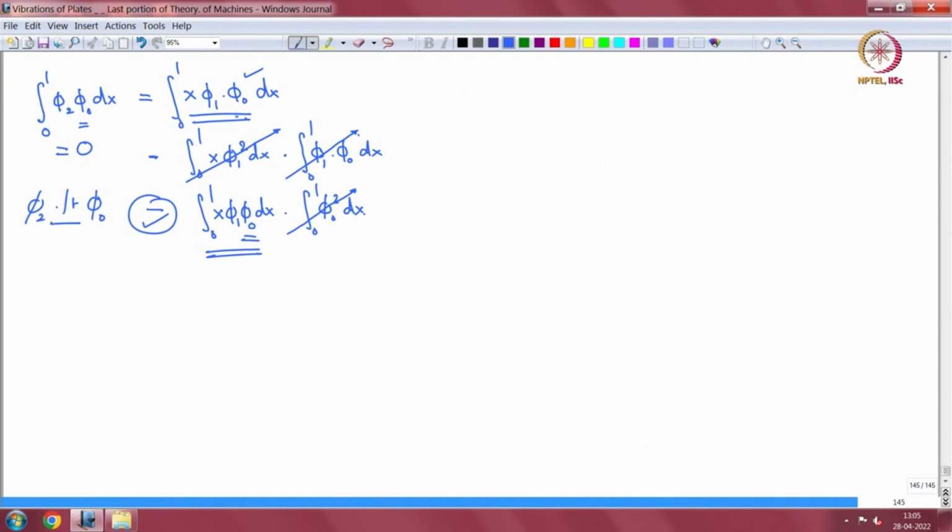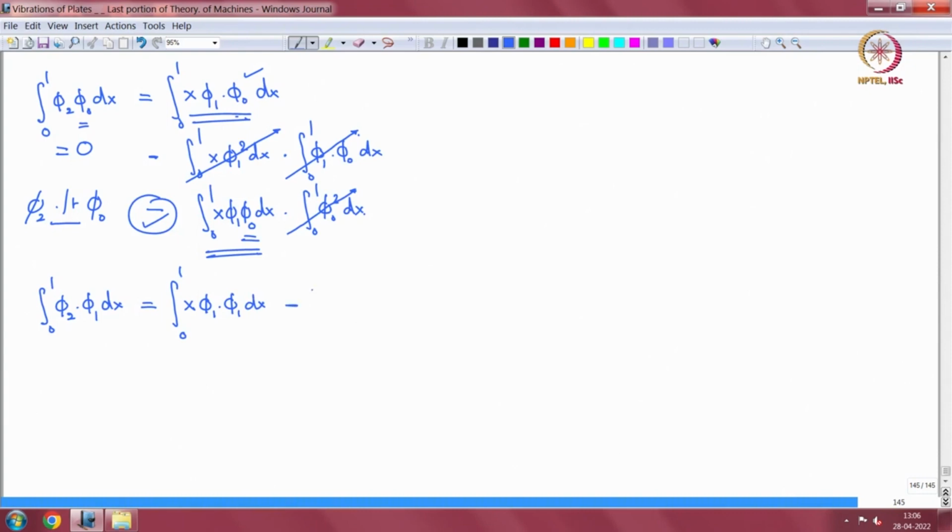Now, we can check phi 2 phi 1. Let us do that. So, integral 0 to 1 phi 2 into phi 1 dx is equal to, on the right side, integral x phi 1 into phi 1, 0 to 1.